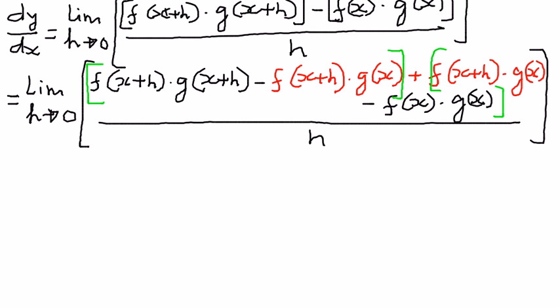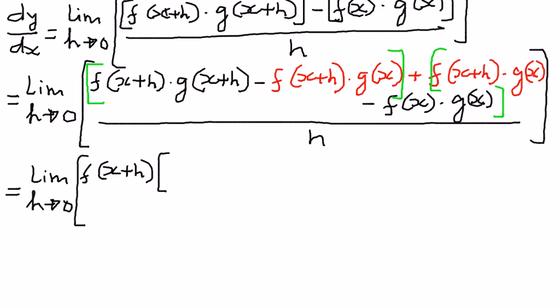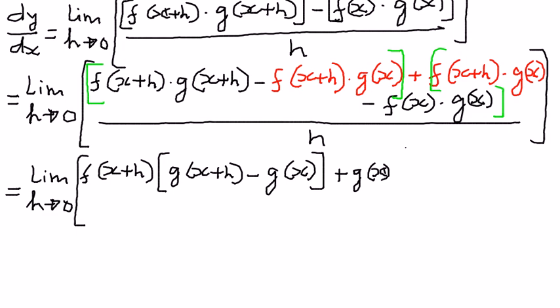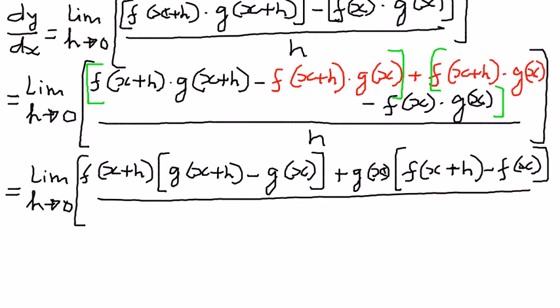Limit as h approaches 0, f of x plus h, if I pull that out common, we are left with g of x plus h minus g of x, close brackets, plus, if I pull out g of x common in the second set of brackets, g of x, open brackets, f of x plus h minus f of x, this whole thing divided by h, like that.